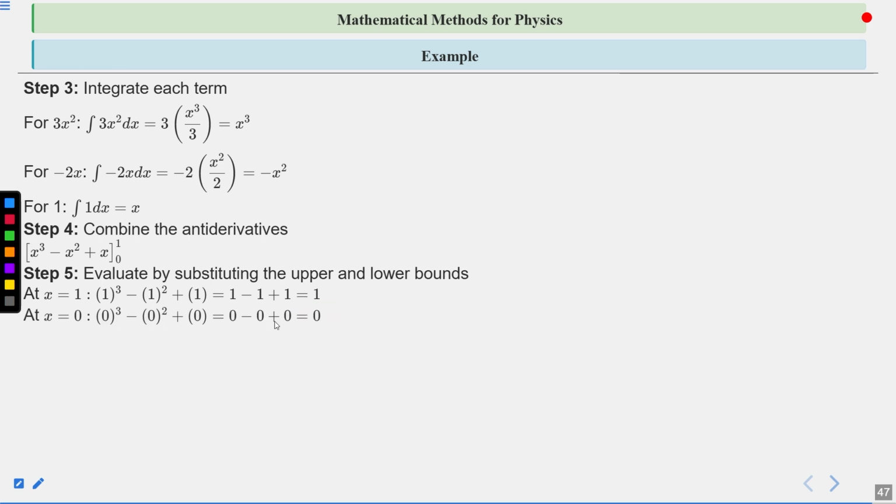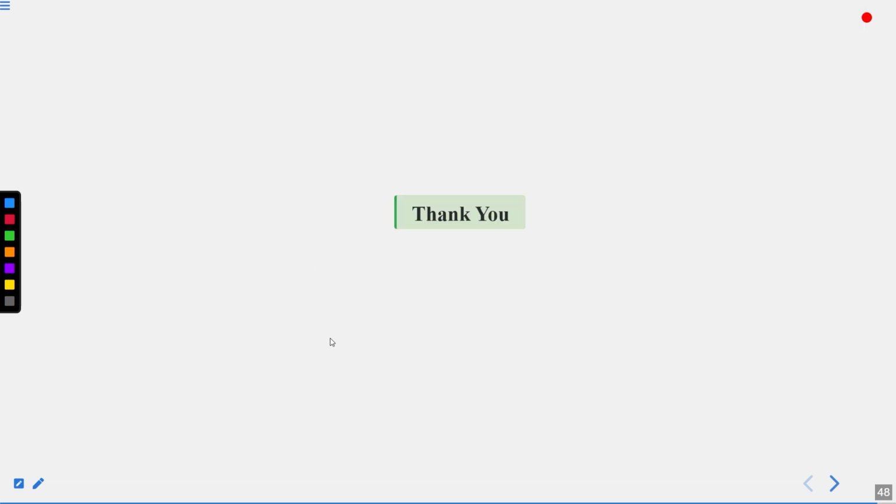At x equal to 0, the value is 0. Now subtract: 1 minus 0 equal to 1. So the integral is equal to 1. Follow all steps and you will get the correct answer. Thank you for your attention.